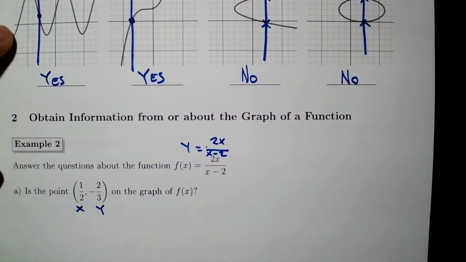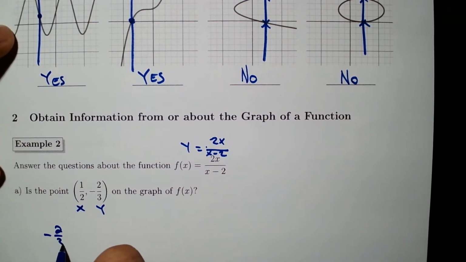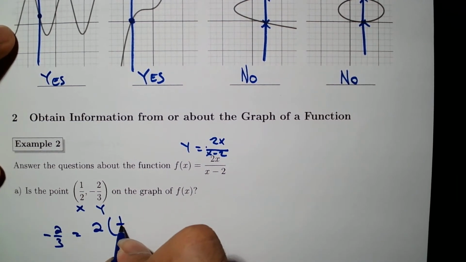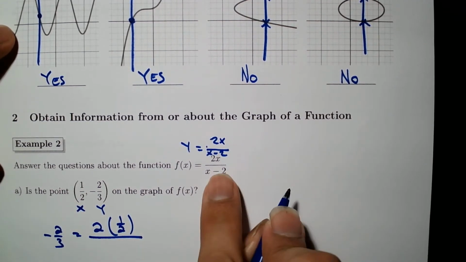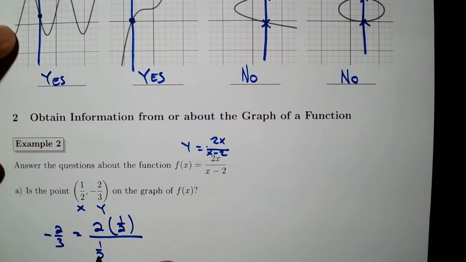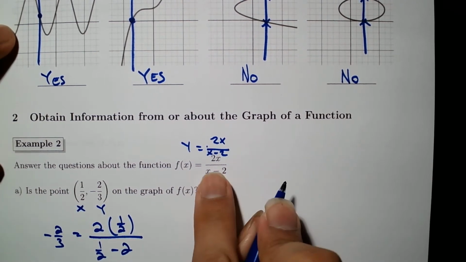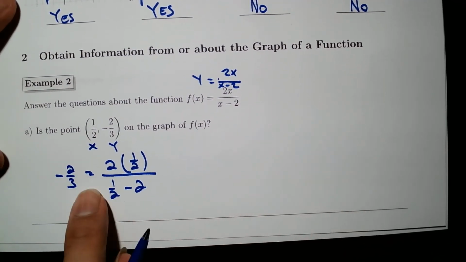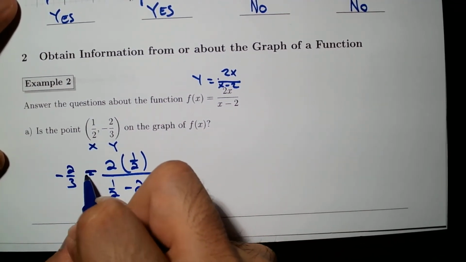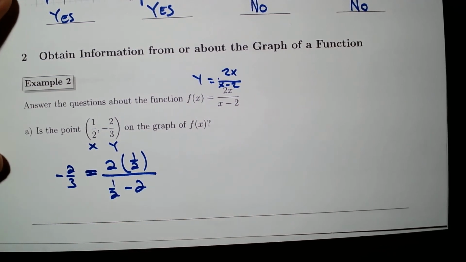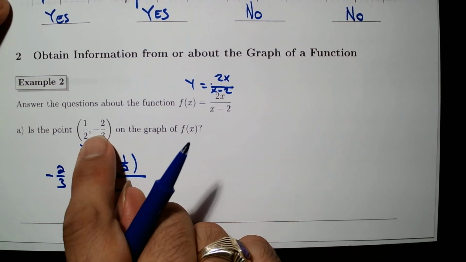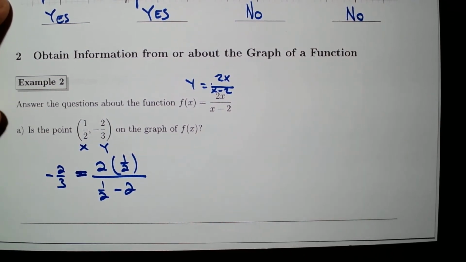So -2/3 equals 2 times 1/2, which is x, over 1/2 minus 2, which in this case is the denominator part. So let's simplify this and hopefully we get an equality here. That's how we're going to know that the given point is on the graph of the given function.